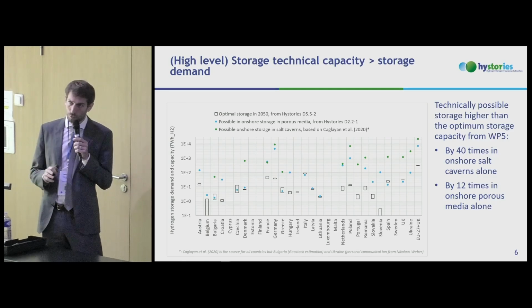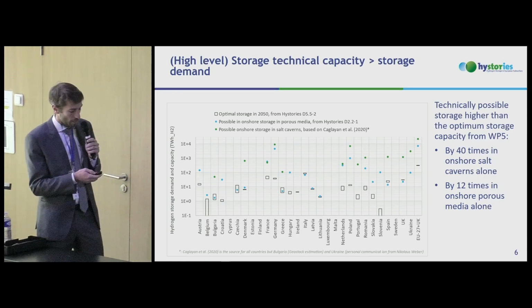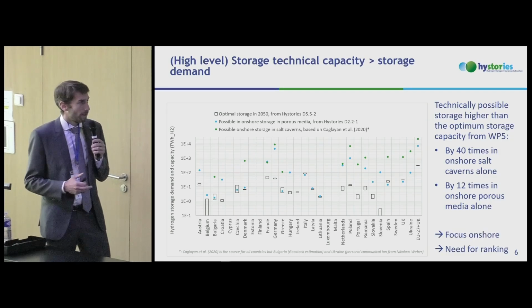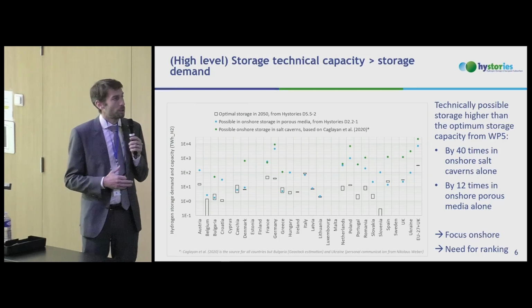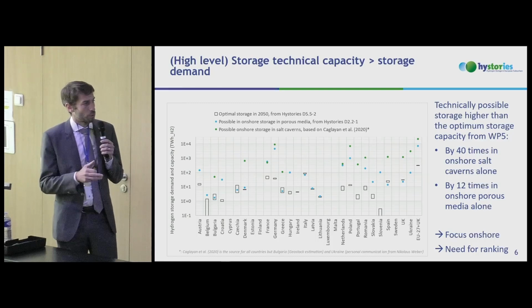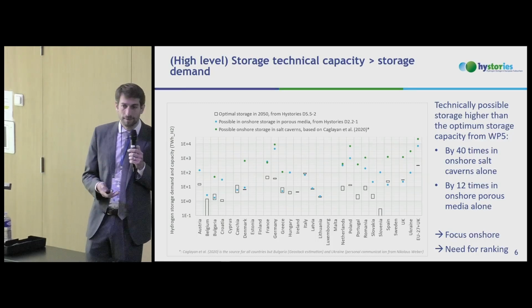We didn't even take the offshore numbers because it was already good enough. So because we've got this technical capacity that is much higher than what demand can be, we focused on onshore, and we also have a need to select the best site.